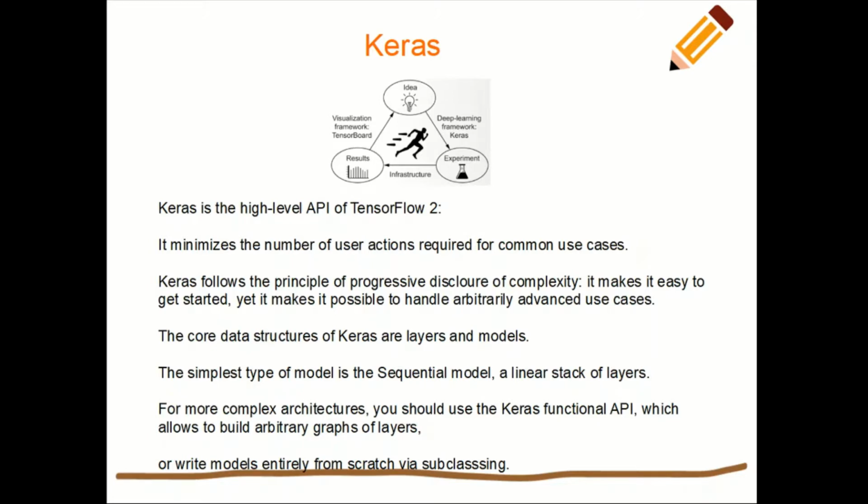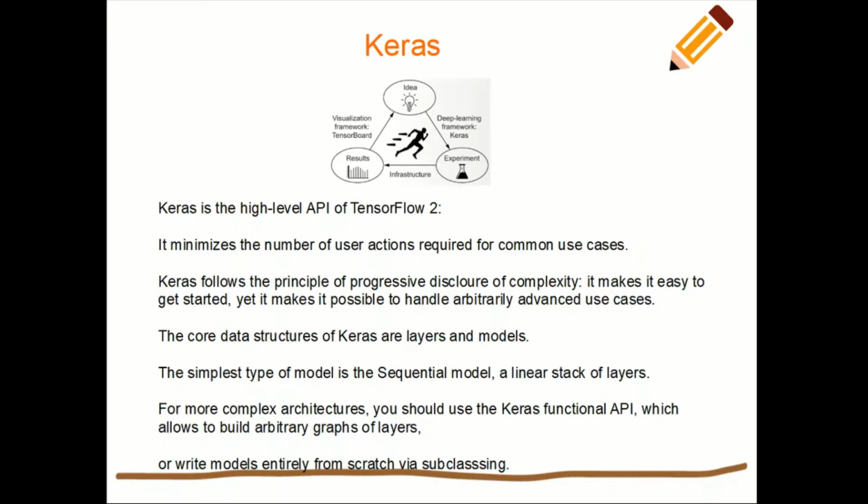You should be able to modify just a few lines of code and you should be done. But at the same time, if you really want to dig deeper and make more and more changes, even that should be possible. So the core data structures of Keras are layers and models.